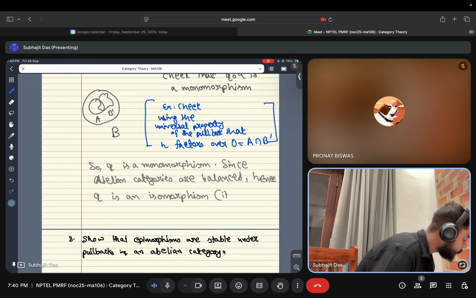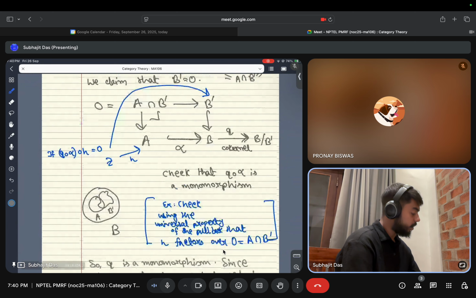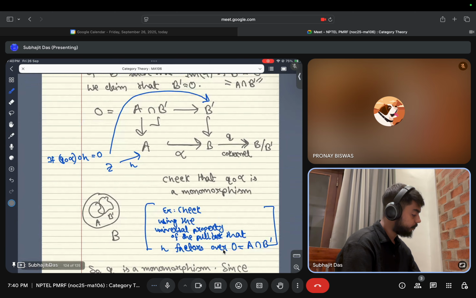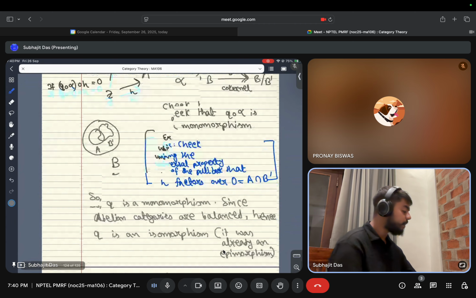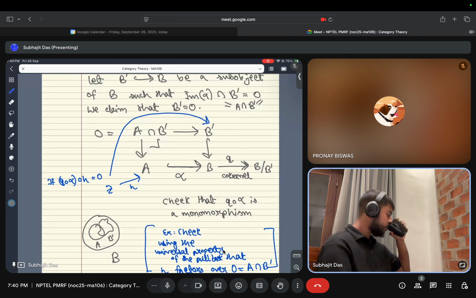It was already an epimorphism. Now what does it mean that this co-kernel map is an isomorphism? What does this mean?